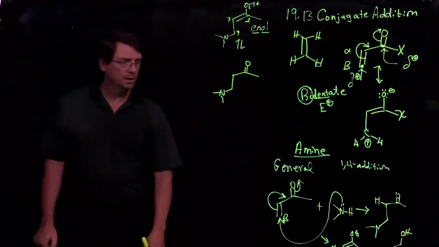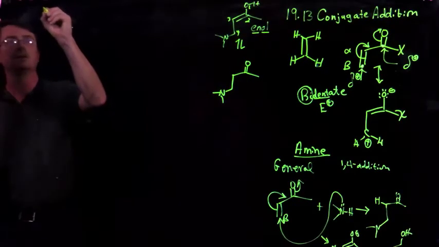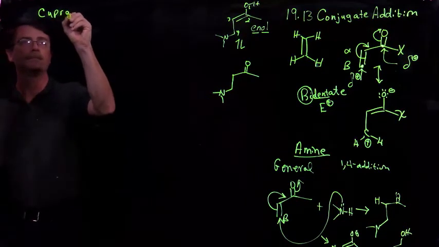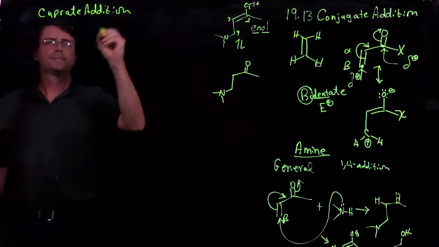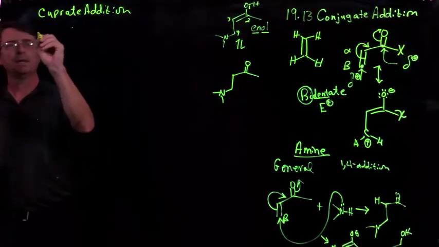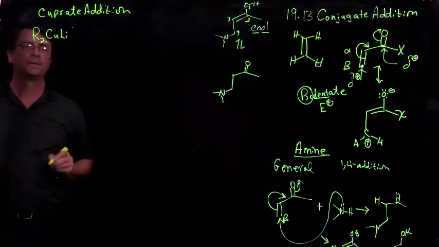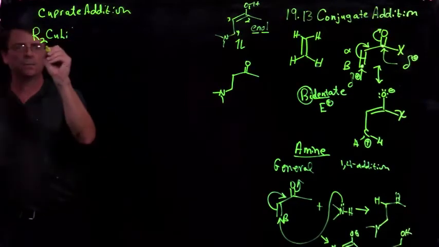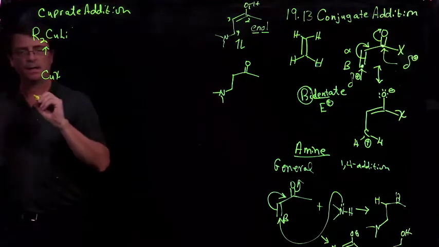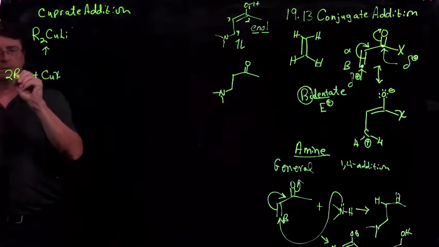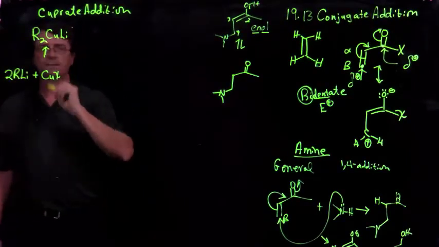Now, there are two more kinds of addition that we want to take a quick look at. The first is cuprate addition. In cuprate addition, we take a diorganocuprate. These are made, by the way, from copper halides plus 2 alkyl lithiums to synthesize them.